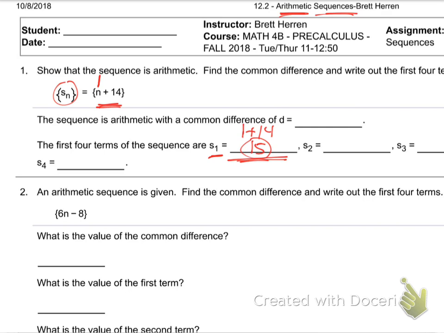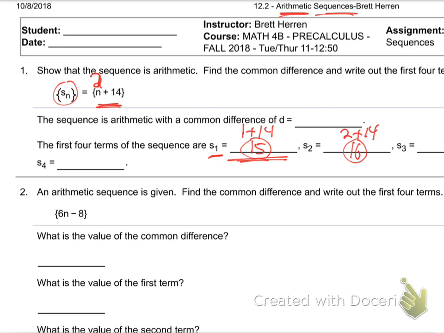Exactly. And then now plug in the 2. I'll come back to that D, by the way. Let's hold off on that. 2 plus 14, 16. See what I'm doing? I'm just plugging in 1 and then 2 for the n, just plugging into the n slot.